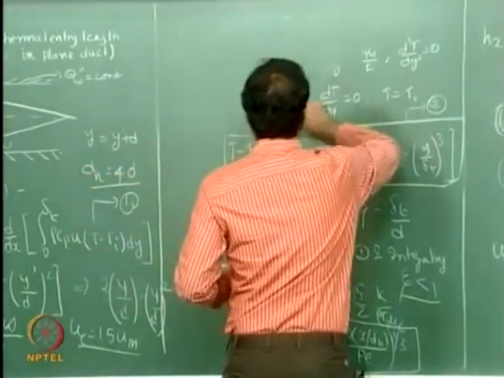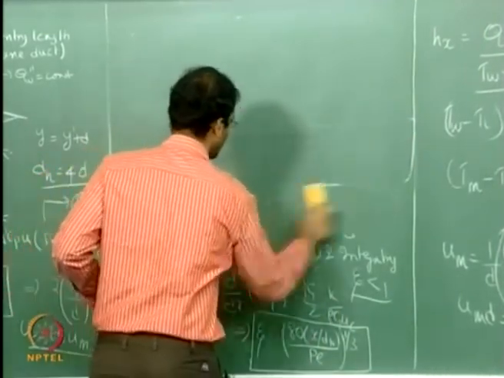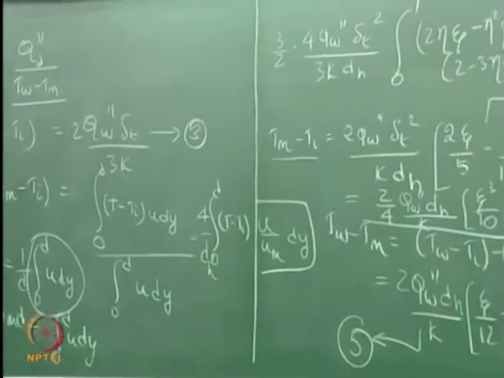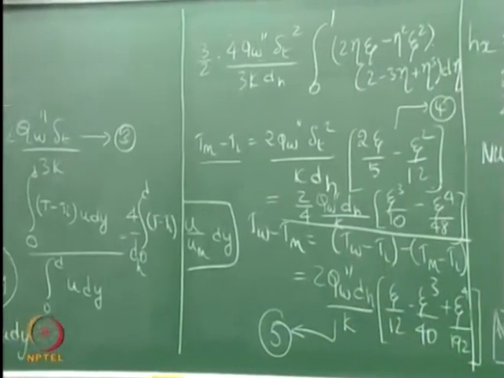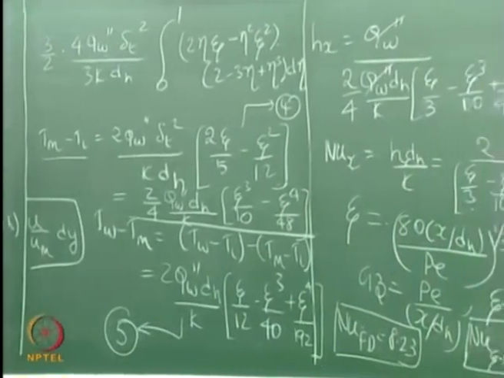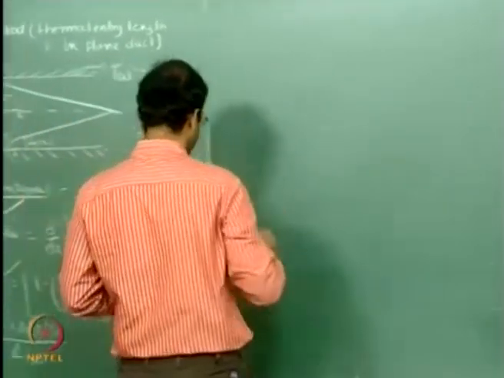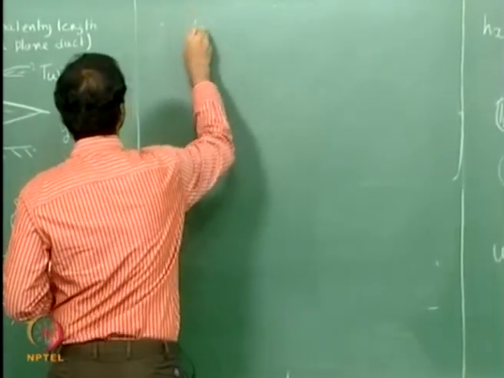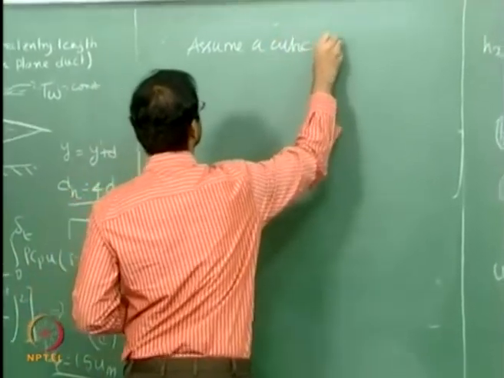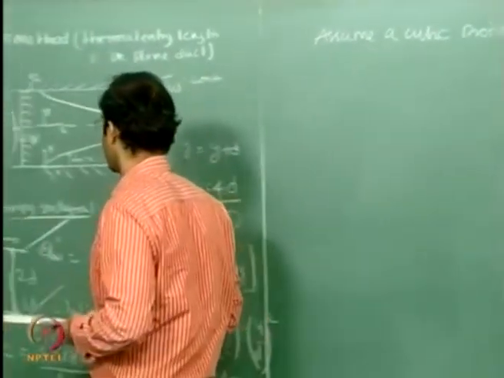before we stop the discussion on laminar internal flows. So if you consider that, instead of constant wall flux, you have a constant wall temperature boundary condition. Again you can assume a cubic polynomial for temperature, and you should of course use the appropriate boundary conditions.